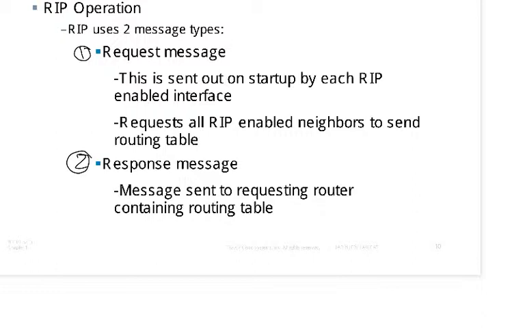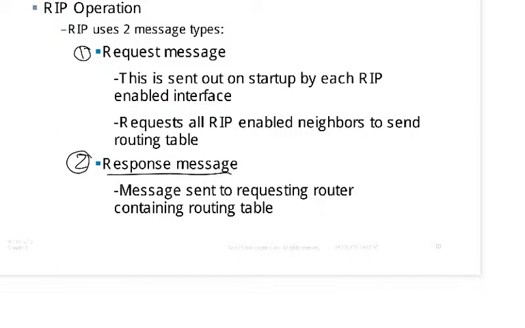The request message gets sent out on startup. So one router, every 30 seconds, will send a request in the form of a broadcast to ask all the routers around it to send back the routing table information. The routers around it will send a response back, which contains the response message, which will have the routing table information.